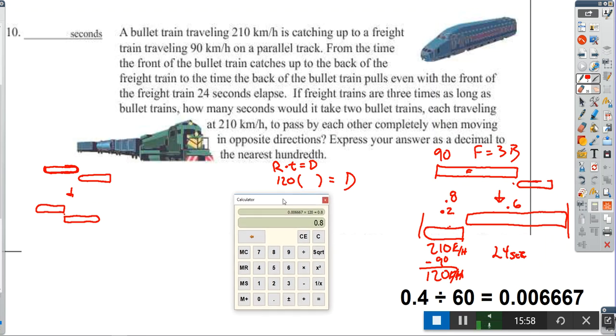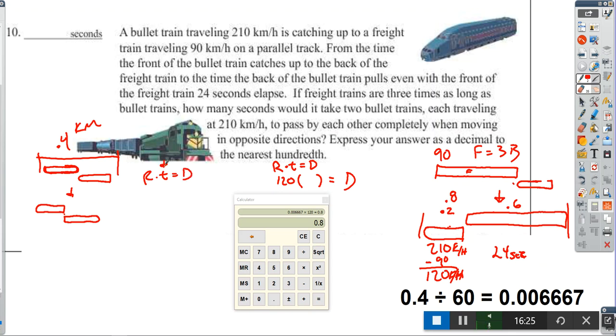Now we can hop on over here. So that means this distance from here to here is actually 0.4 of a kilometer. And we know that they are passing at each other. Whew, they're going to be going super fast, aren't they? Okay, so the next step on this problem is, again, rate times time equals distance. And this time we're looking for the time.